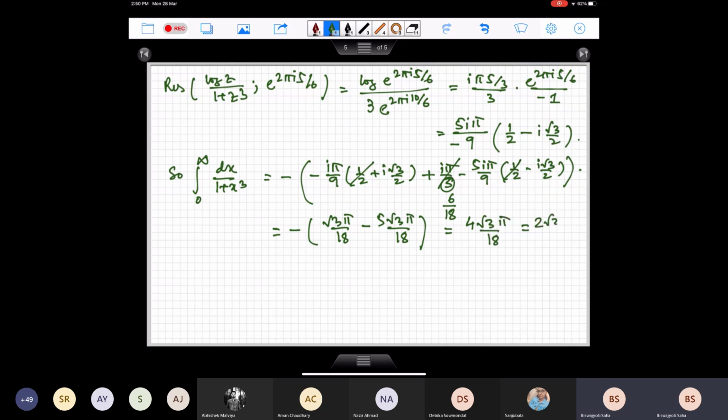So that's 2 root 3 pi by 9. Okay. So anyway, this is what you get in totality, and that's the value of the integral. Okay, so it's just an application of this formula, but having the knowledge how to do this is, of course, good for you.